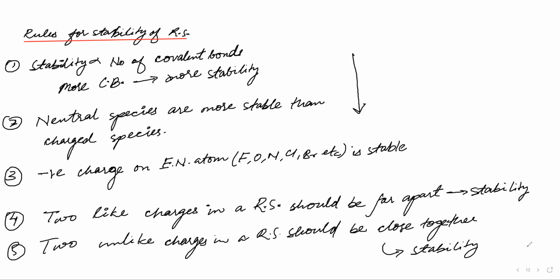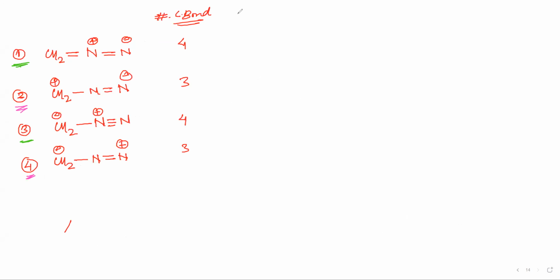Negative charge should be on the electronegative atom. So here, I will write the next column as negative charge. Now tell me, where is the negative charge in the first structure? Nitrogen. What about here? Nitrogen.